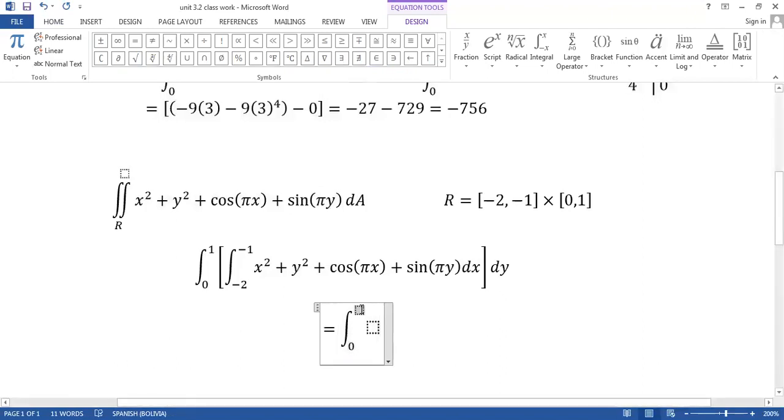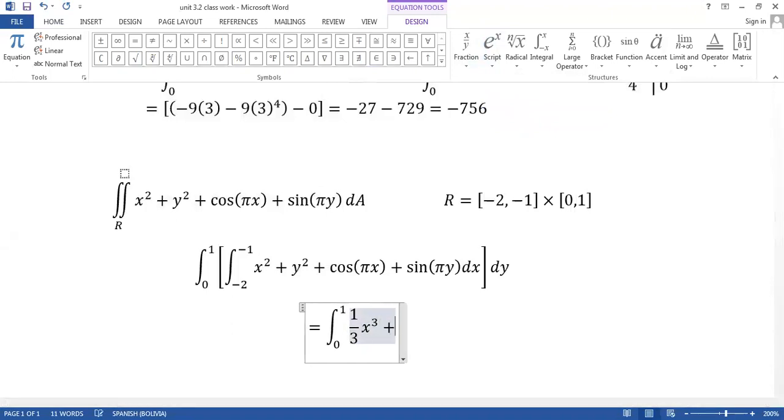Okay, let's integrate now. We're integrating x first, so that becomes x cubed over 3. I'm going to write it this way because I know what is coming. x cubed over 3, right?